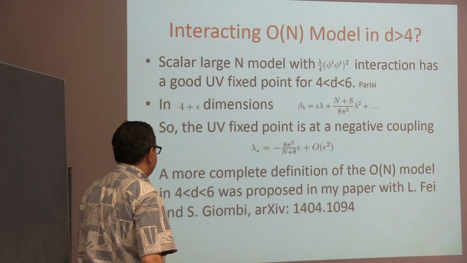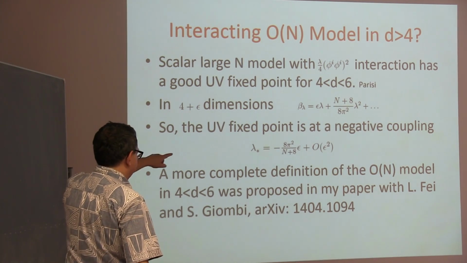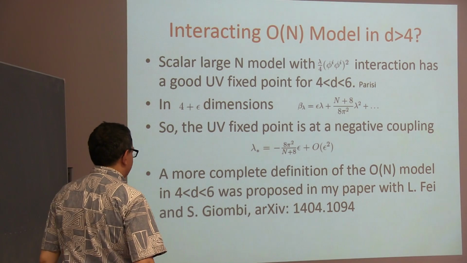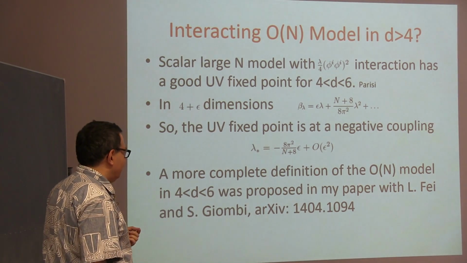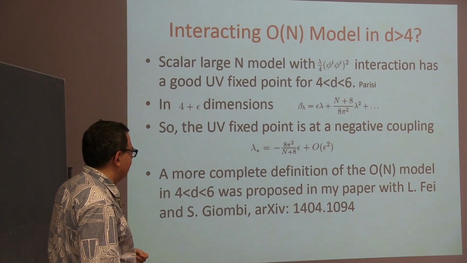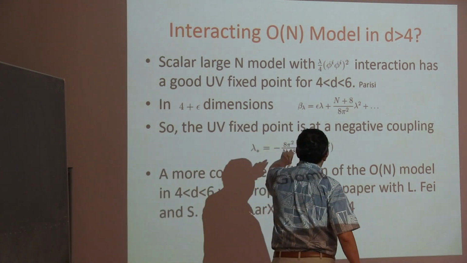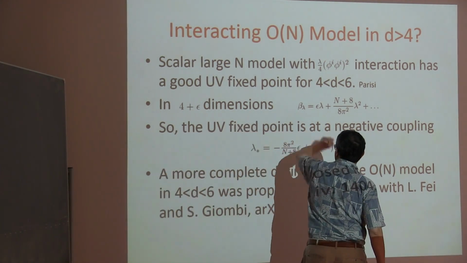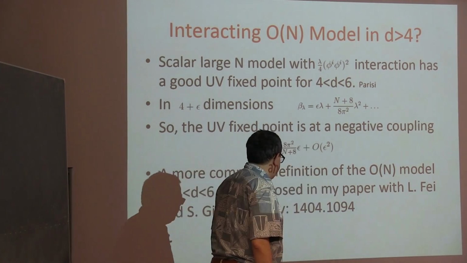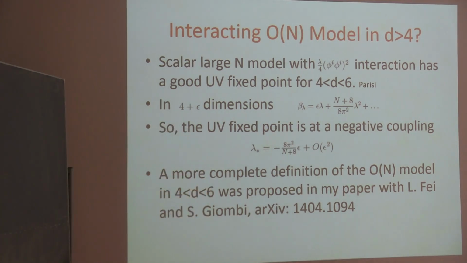And this is related to the fact that if you formally take this beta function equation and push it to 4 plus epsilon dimensions, there is actually a UV fixed point at negative lambda. Basically this equation here in 4 plus epsilon dimensions has a solution with negative small lambda. It's rather similar to what we have here, right?